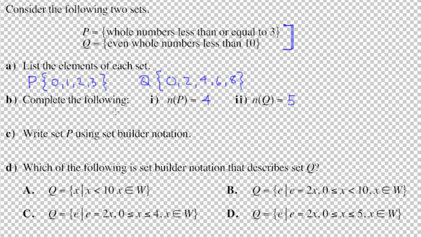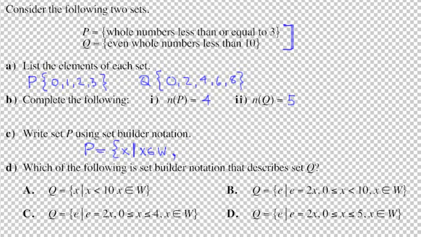So the rules for P would be something like set P is numbers x. A vertical line means such that. So it's saying numbers x which meet the following requirements. And now the requirements are, it has to be a whole number, so x has to be an element of the whole numbers.